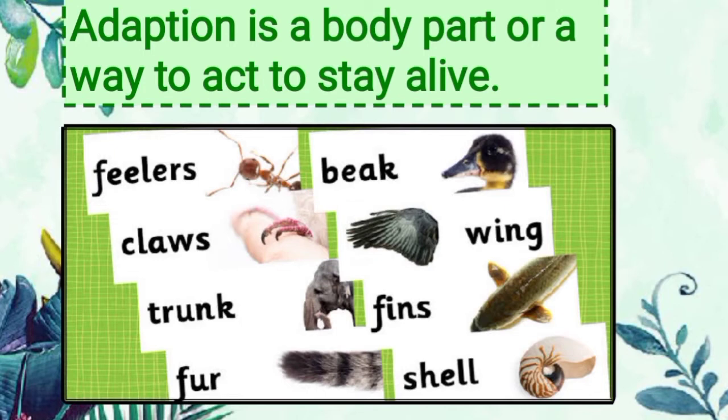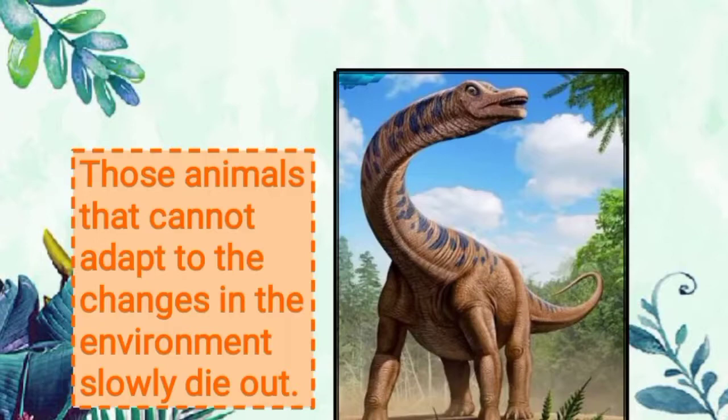This diversity in appearance and behavior is caused by animal adaptation. Like plants, animals have also developed certain features which help them to survive in the environment, and those animals that cannot adapt to the changes in their environment slowly die out. For example, dinosaurs.